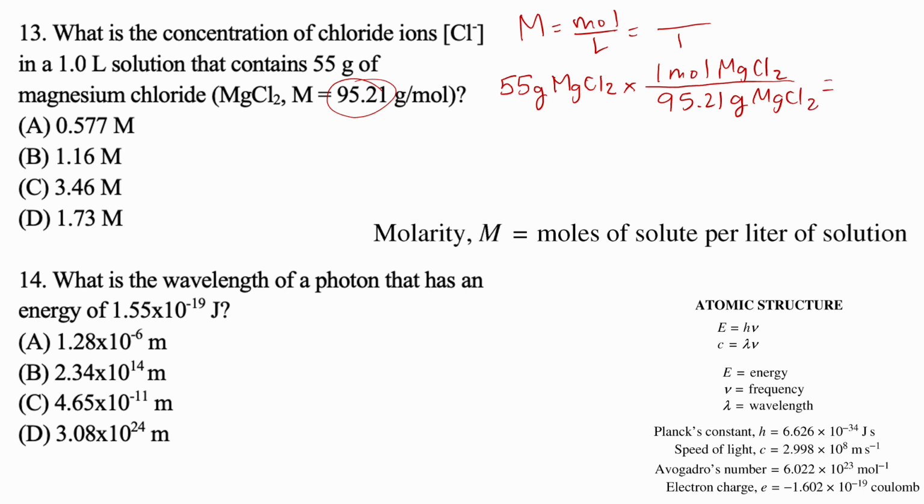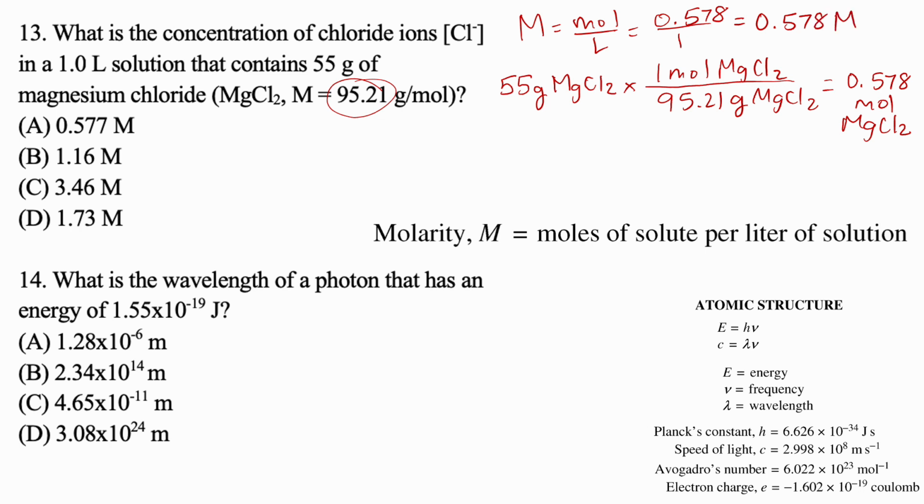So by doing that, I get the number of moles. So 55 divided by 95.21. That's going to give me 0.578 moles of MgCl2. So that's going to go up here, 0.578. So divided by 1, it's going to be the same thing, and that's going to give you my concentration.